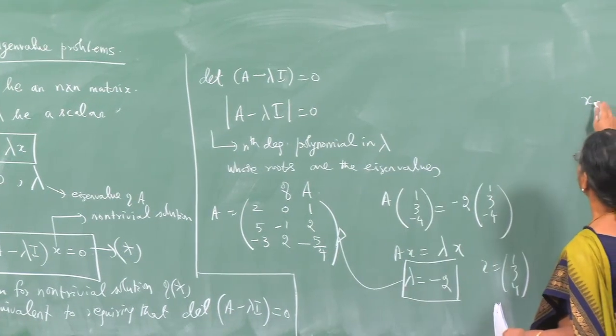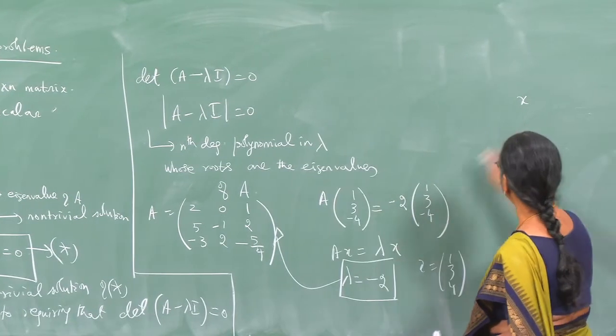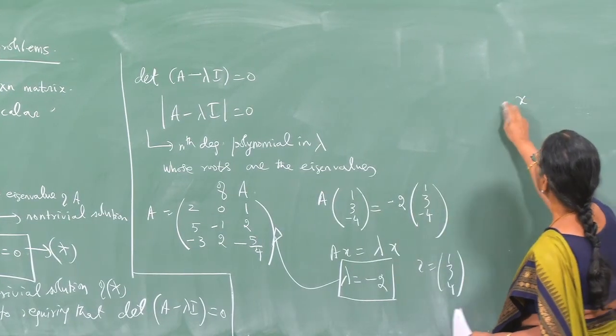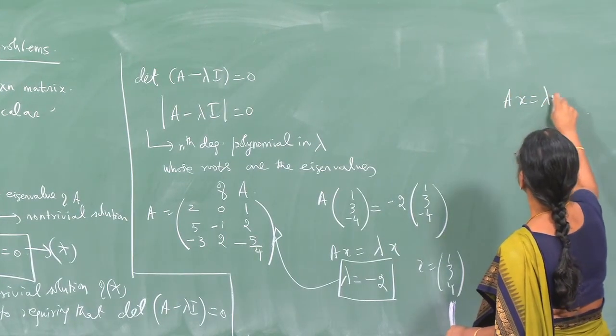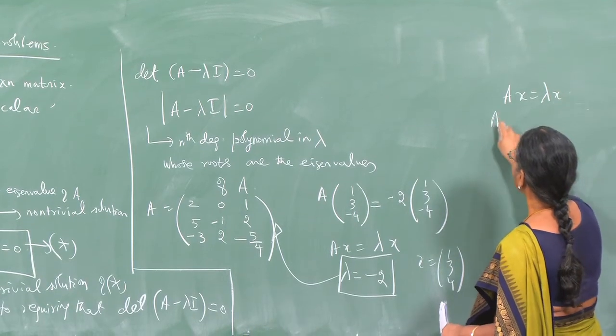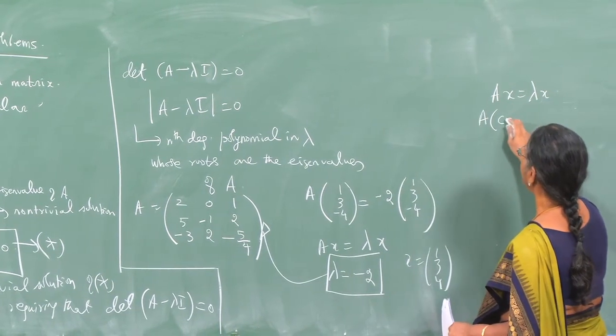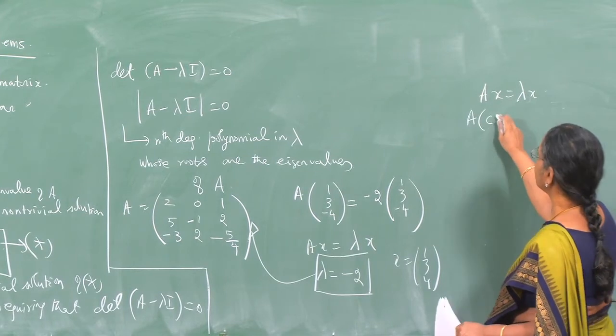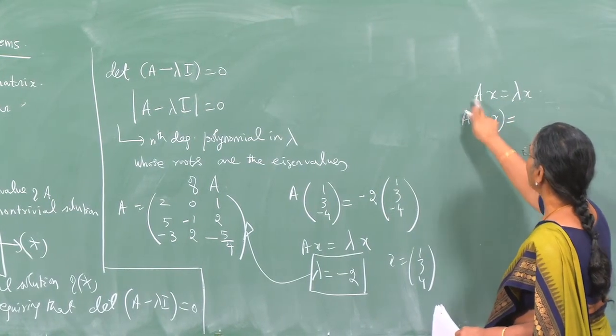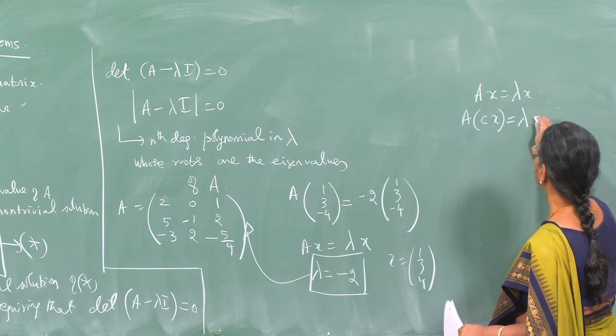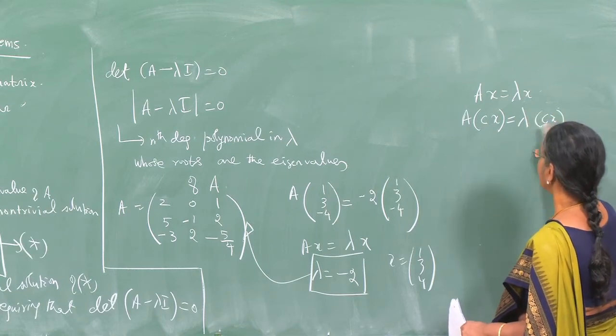If x is an eigenvector associated with an eigenvalue lambda, so that Ax is equal to lambda x, then if I multiply this vector by a constant c, I have A into Cx equal to lambda into Cx.